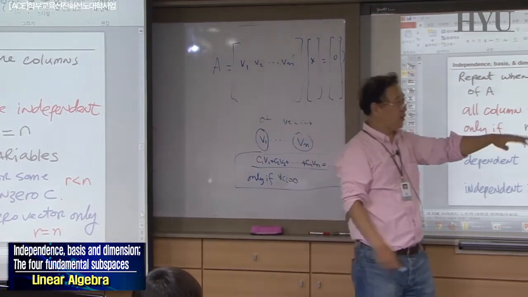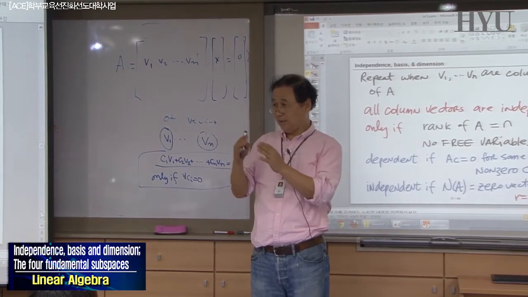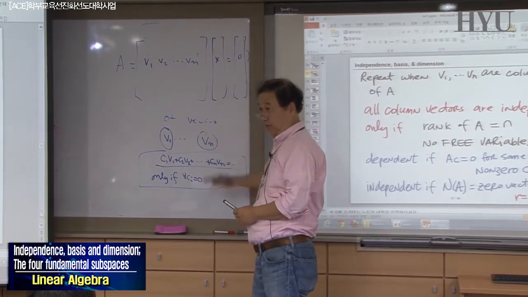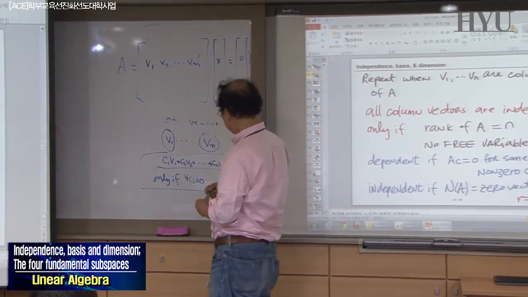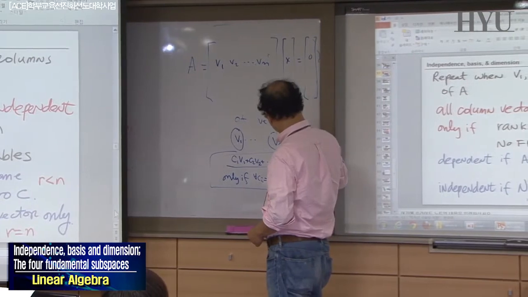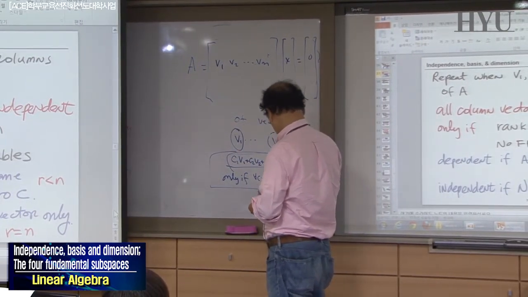There we defined whatever linear combination, right? Combine them, then the solution has, let's say, this is the definition of independence. So we can represent this in another form, in these matrix forms.